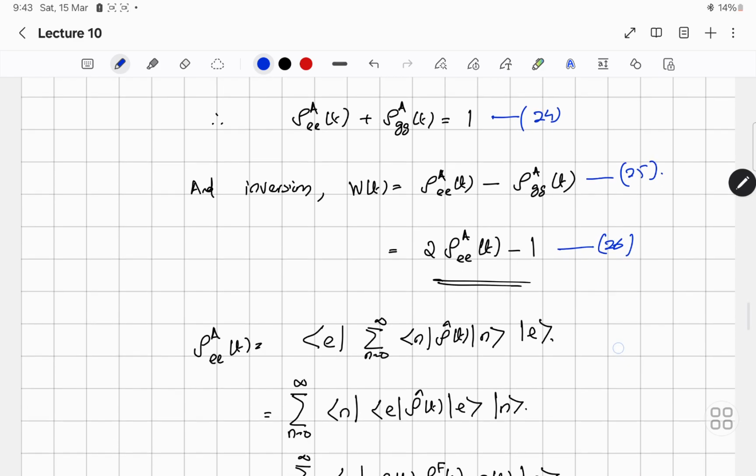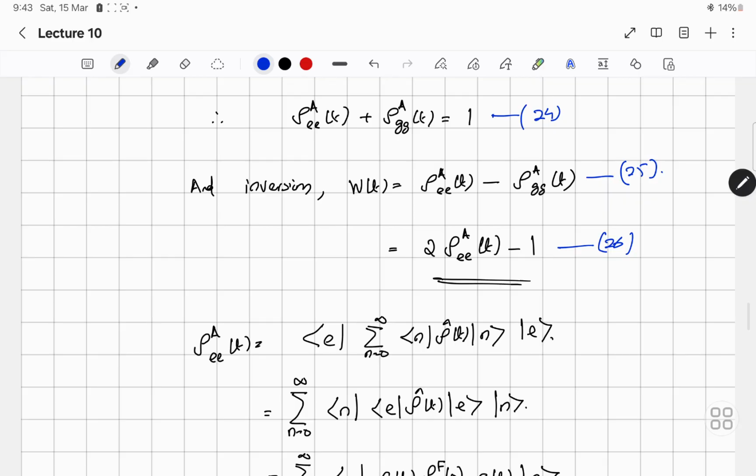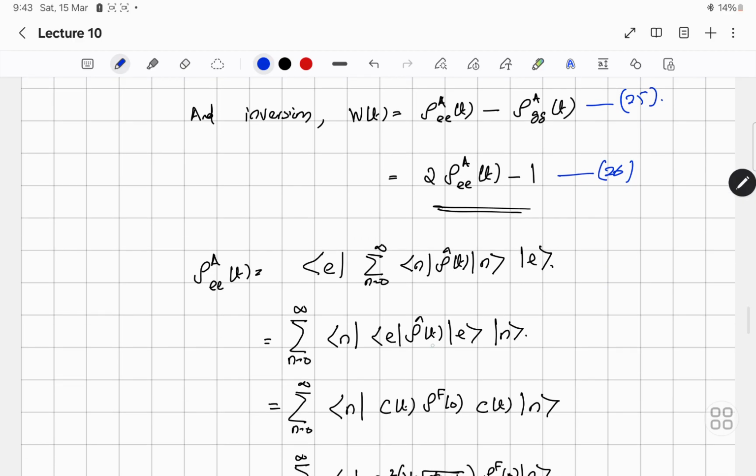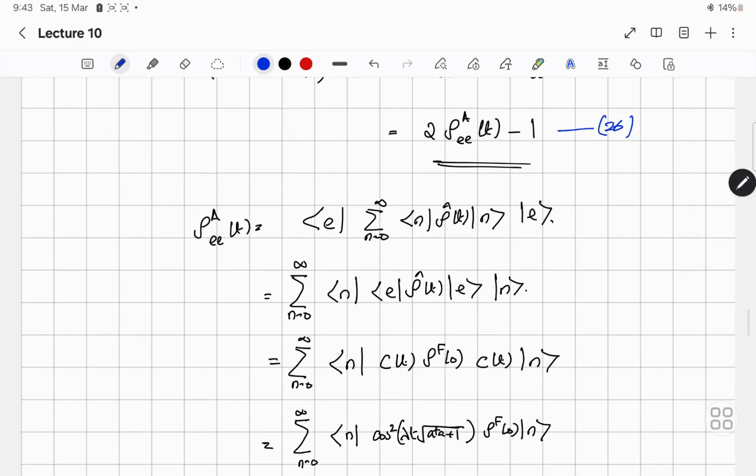Okay, so we have already found the expression for ρ_A^{ee}(t) earlier. So this is nothing but the inner product ⟨e| with the sum over n equal to 0 of ⟨n|ρ(t)|n⟩. Okay, so I am going to just rearrange it slightly. Let us take this summation outside: the sum over n equal to 0 to infinity of ⟨n|⟨e|ρ(t)|e⟩|n⟩.